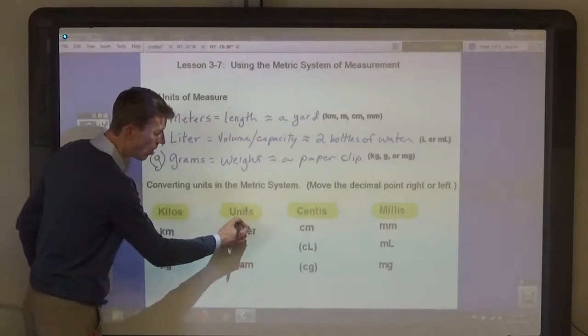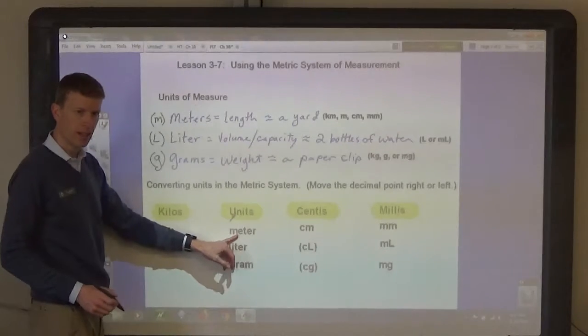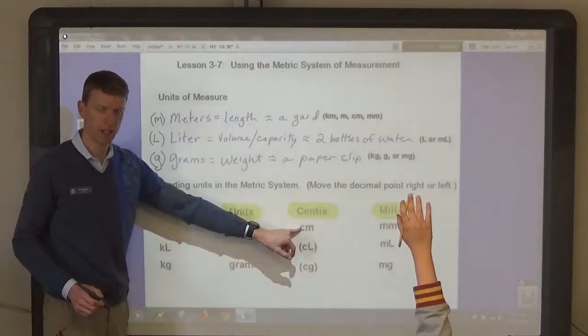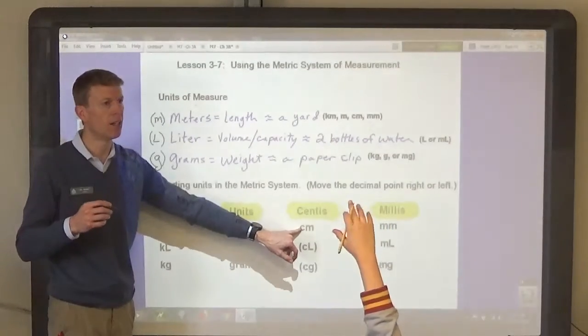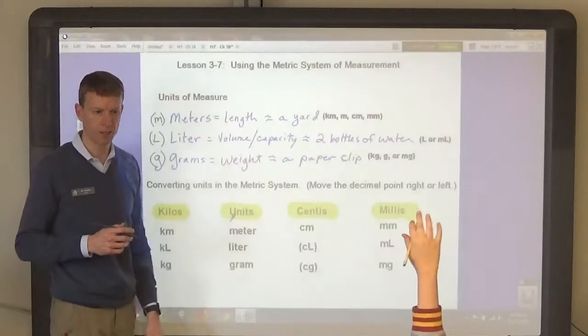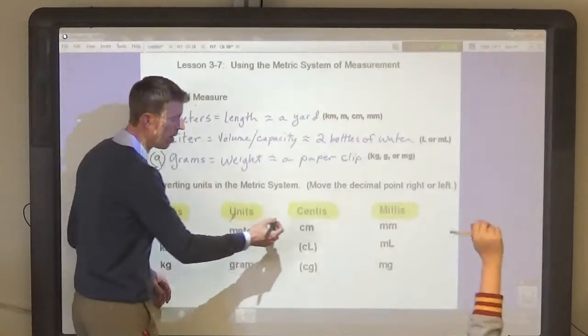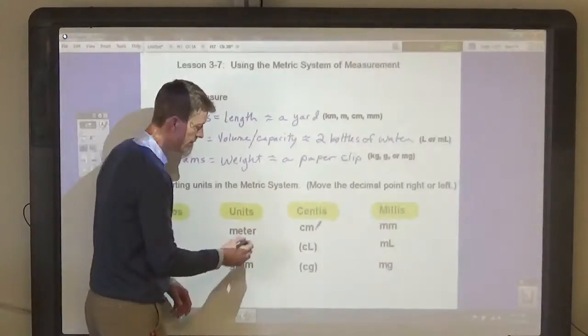So let's say that you're starting with meters, and you need to convert this to centimeters. Well, centimeters are 100 times smaller than a meter. So in other words, there are 100 centimeters in a meter.